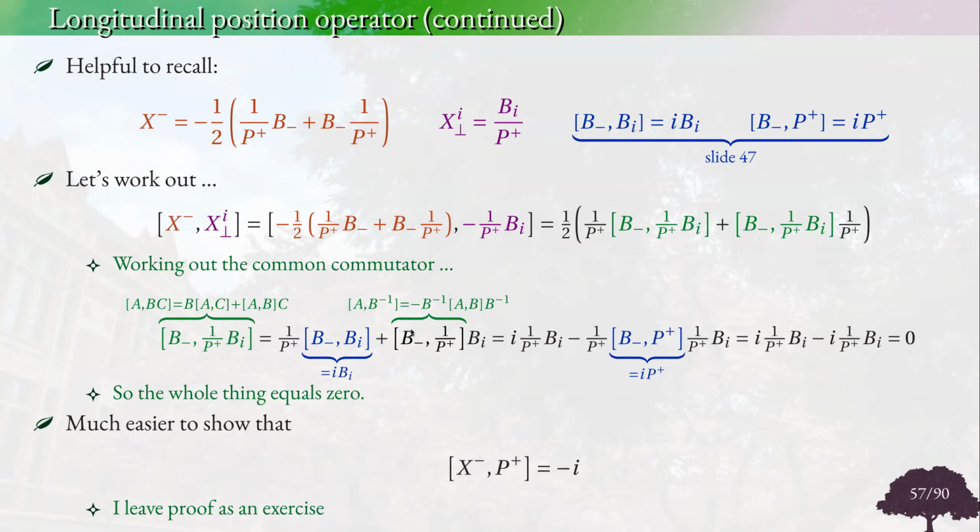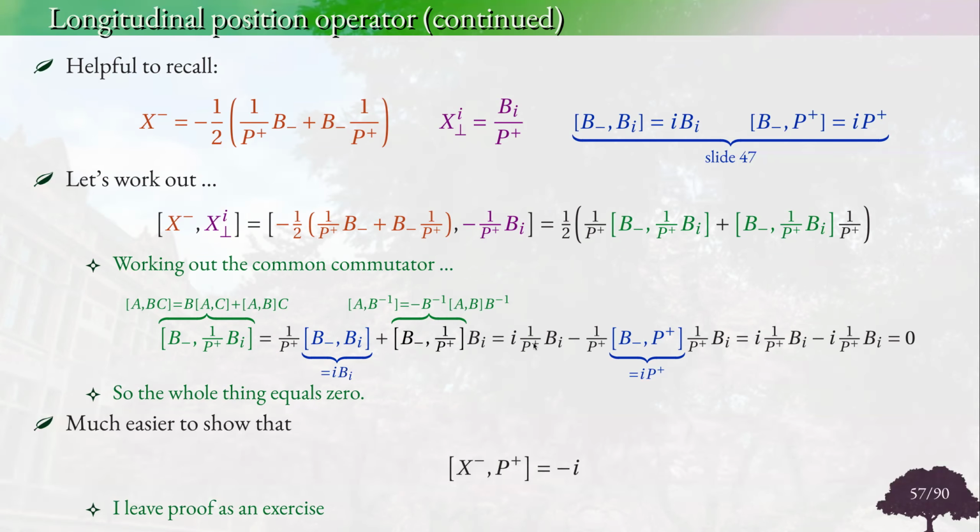For the next one, we have a commutator of B minus with 1 over P plus, which we can use the other handy identity that we've used before. Commutator of A with inverse of B is minus B inverse, commutator of A with B, B inverse. So doing that, we have our first term with our IBI here with 1 over P plus here.